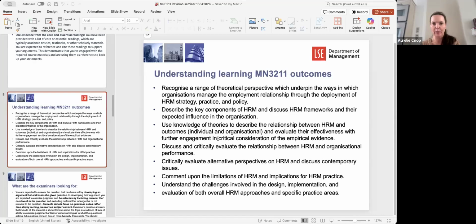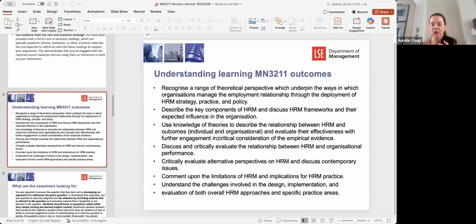The first outcome is to recognize. You need to be able to recognize, that means identify and define, a range of theoretical perspectives which underlie the ways in which organizations manage the ER, which is the employment relationship, and the deployment of a human resource strategy practice, and also the setup of HRM policy.